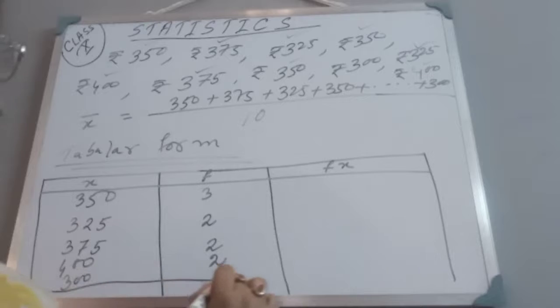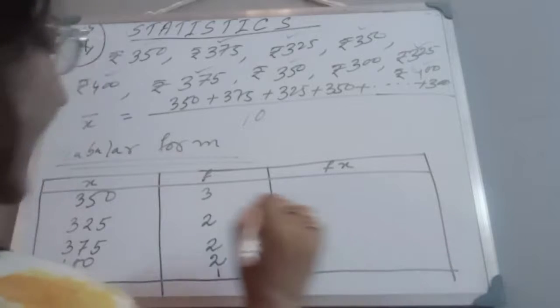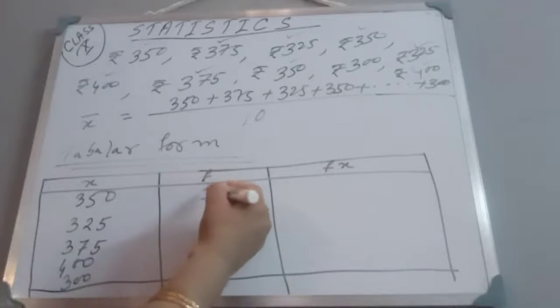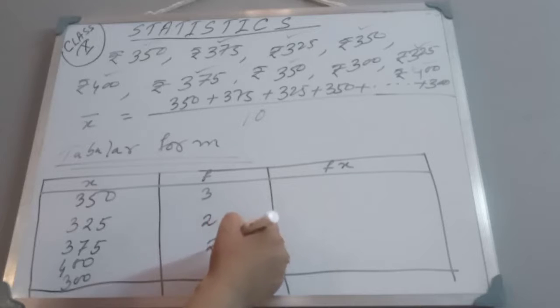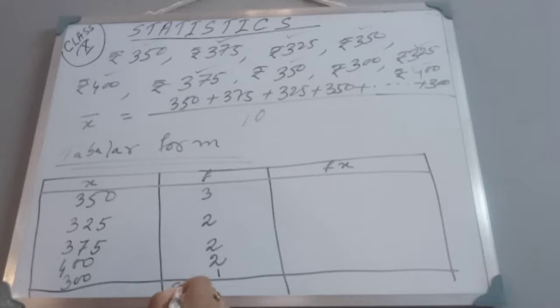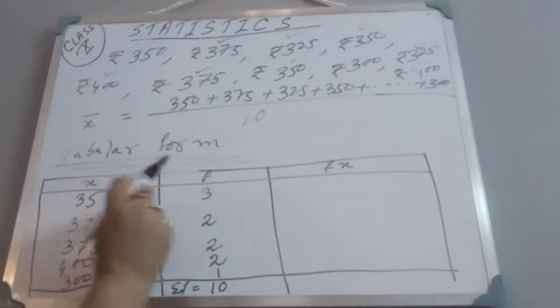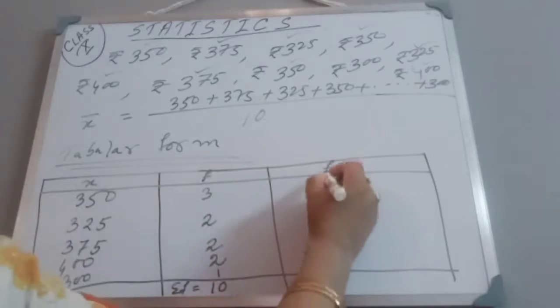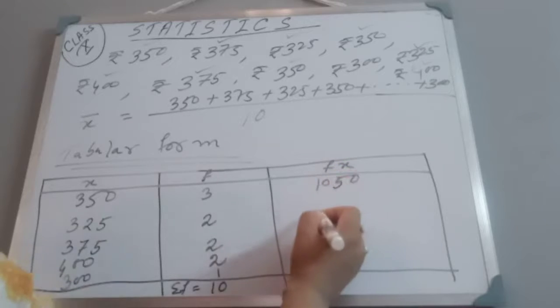How many days? I have said already there are 10 days of earnings. So 3 plus 2 is 5, 5 plus 2 is 7, 7 plus 2 is 9, 9 plus 1 is 10. Sigma f is equal to 10. Now we have to find fx, which means we multiply this into this. 350 into 3 is 1050.